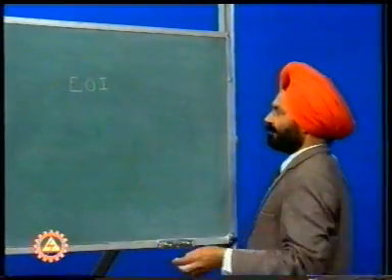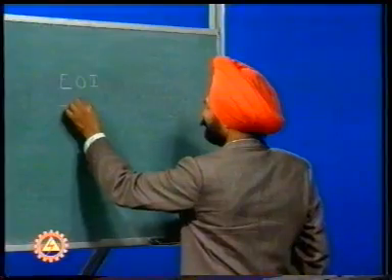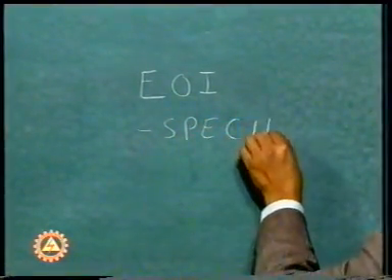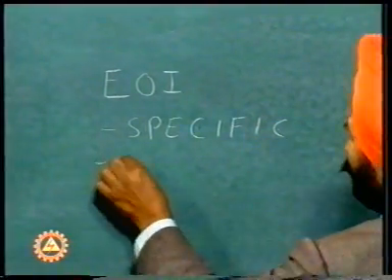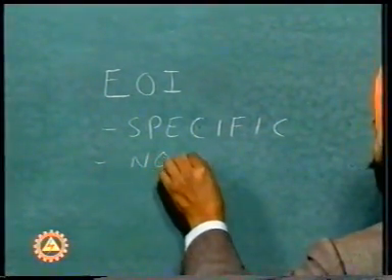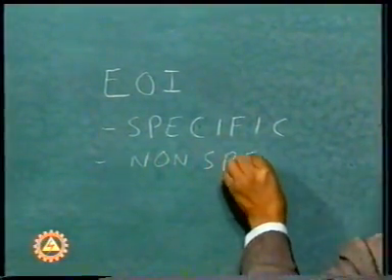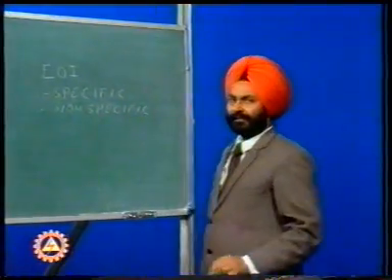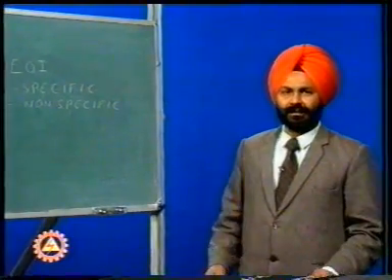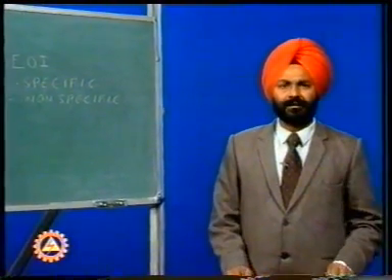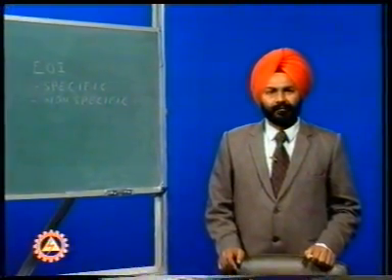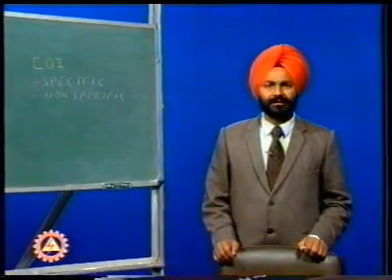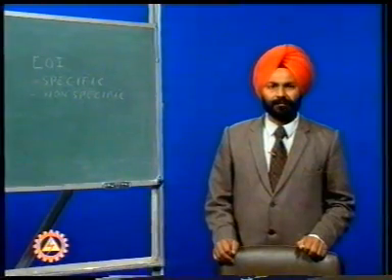This end of interrupt command can be a specific end of interrupt command, or it can be a non-specific end of interrupt command. If the microprocessor sends the specific end of interrupt command, then the controller resets a bit in the in service register corresponding to the interrupt mentioned.